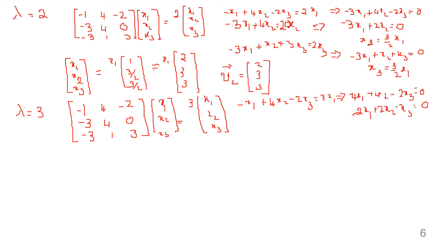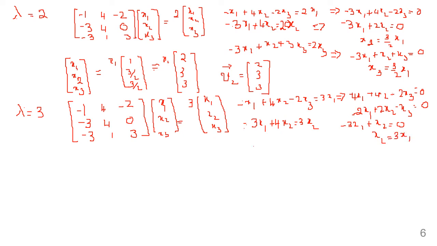Let me write the second equation. Minus 3x1 plus 4x2 is equal to 3x2. That gives you minus 3x1 plus x2 is equal to 0. So therefore x2 is equal to 3x1.